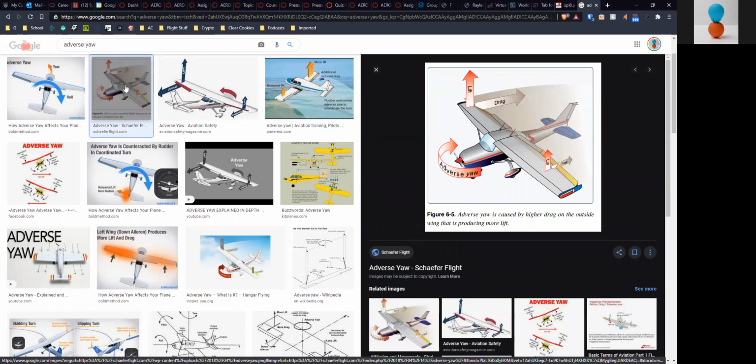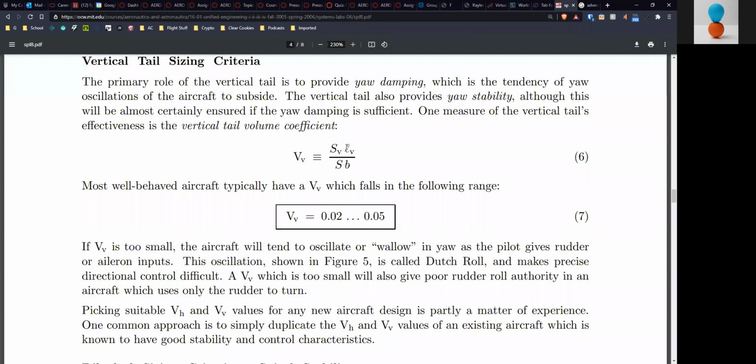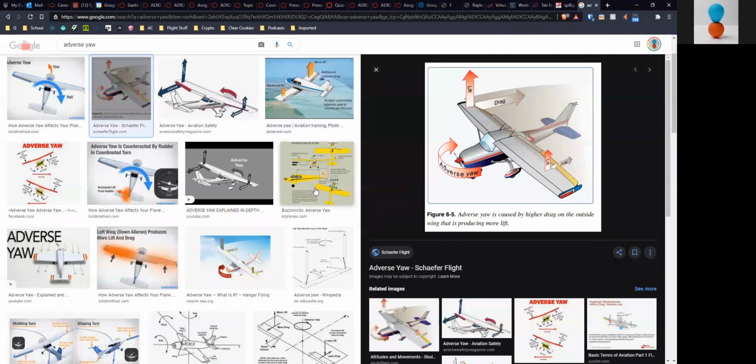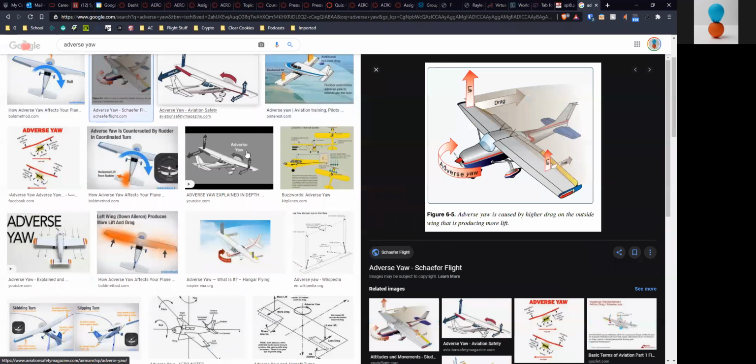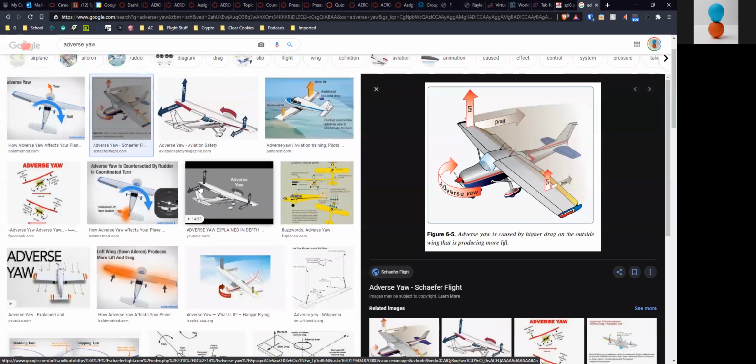And also don't be afraid to draw it or do a really rough CAD that's to scale, so that you can see, okay, if I put in 20 inches, then my tail area is this big. How big does that look relative to the rest of the plane? Because if it looks huge, then you might be drifting away from what's reasonable, because it's hard to picture just with the numbers.